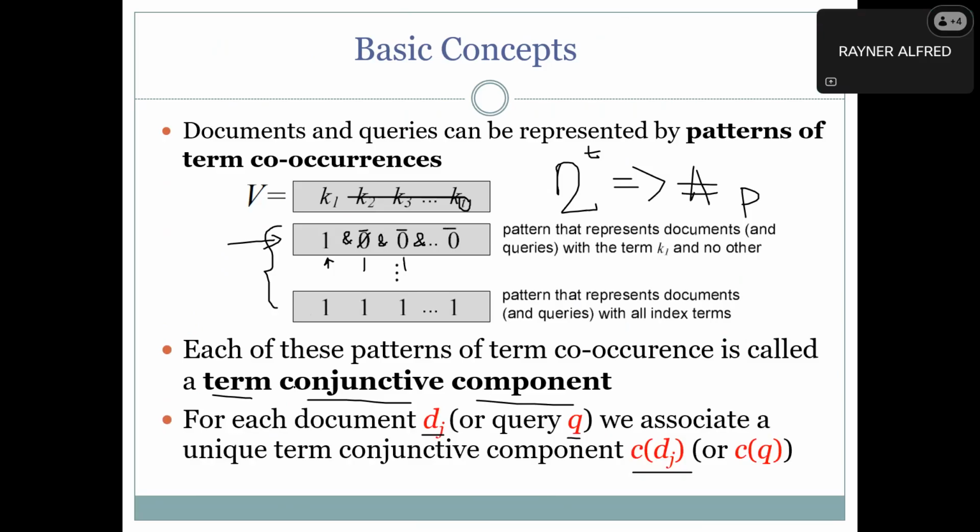This term conjunctive component refers to a combination of binary values, combined using the and operator.